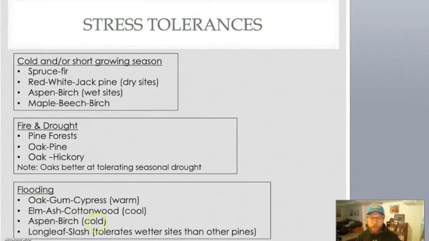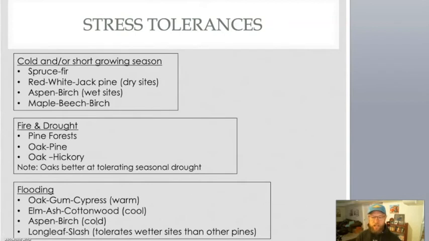Then elm, ash, cottonwood is also a forest cover type that is good at tolerating flooding conditions. Usually it's not flooded all year long where you find elm, ash, cottonwood, but it can be prolonged flooding. And then aspen, birch forest can handle some flooding as well, and they do well in those wetter places.